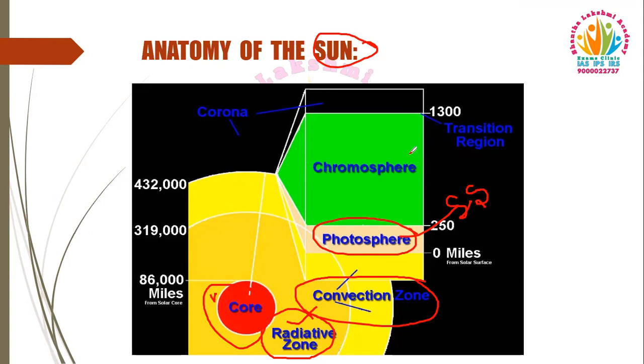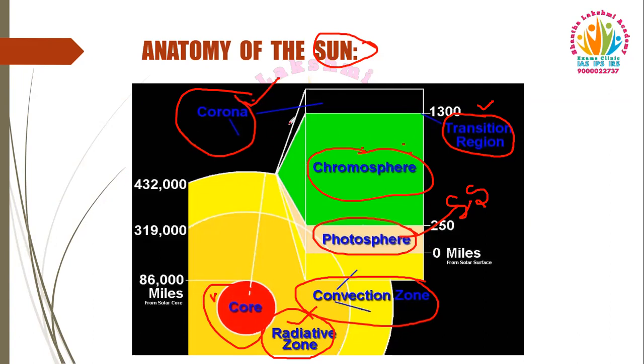Next to the photosphere, we have the chromosphere, and next to the chromosphere, we can see the corona, which is the outermost layer of the sun. We can also see the transition region between the chromosphere and corona. The transition region is a thin and irregular area that separates the relatively cooler chromosphere and the much hotter corona.